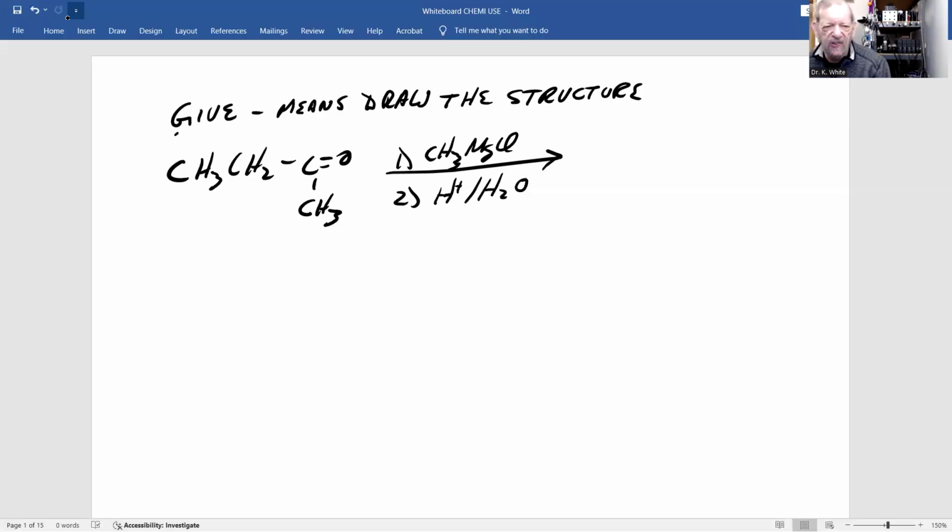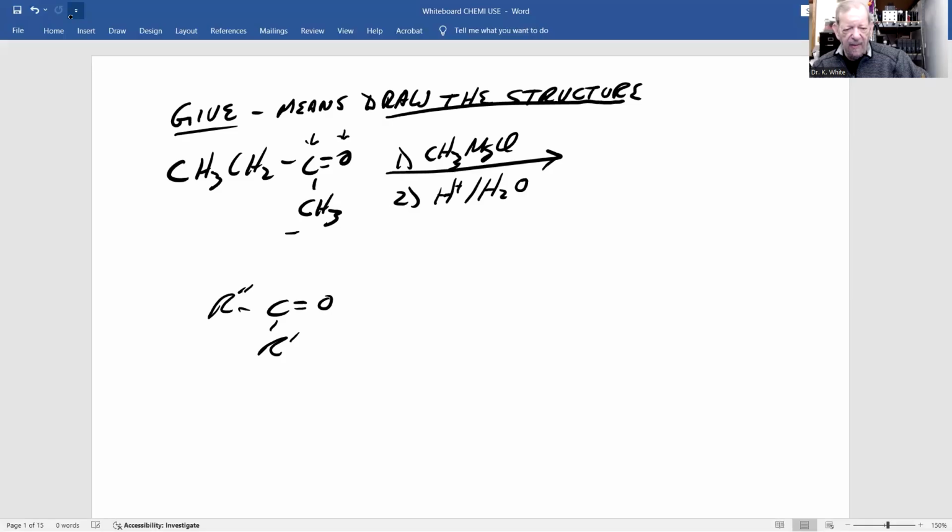You see, give the structure, that means draw the structure. All right, let's look at what we have here. What's different here? Ooh, carbonyl. Carbon double bond oxygen. Carbons here are prime. Carbons here are double prime. This could have been a hydrogen, but this is a ketone.